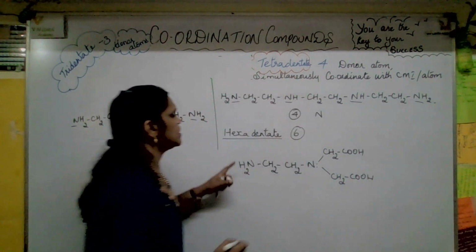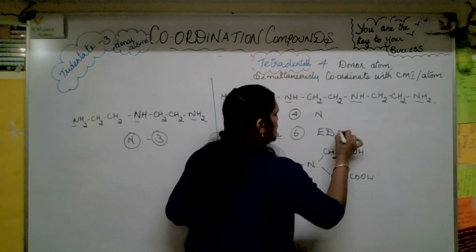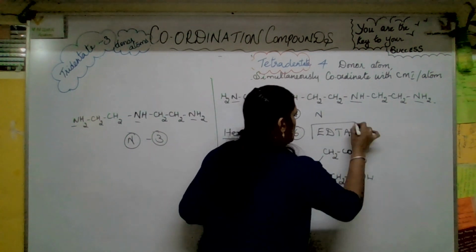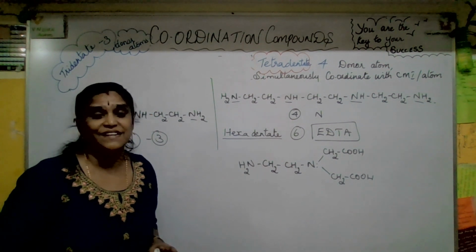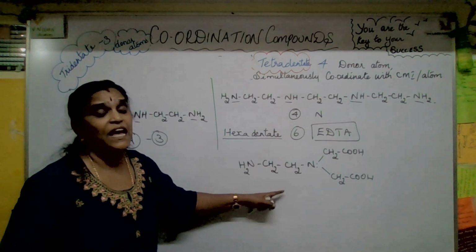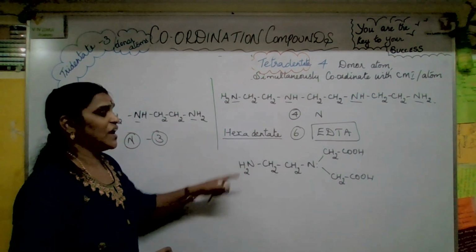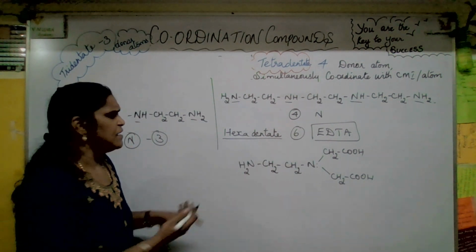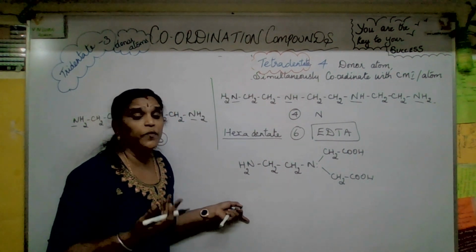So you know what it is? The great example, EDTA. Famous name, EDTA, ethylene diamine tetraacetic acid. Here, the ethylene diamine tetraacetate ion is the donor. How do we remember?